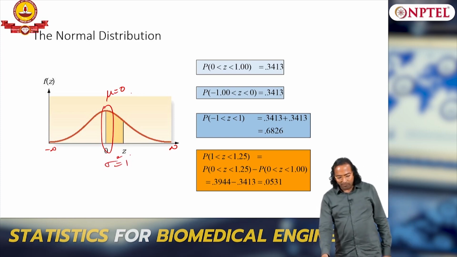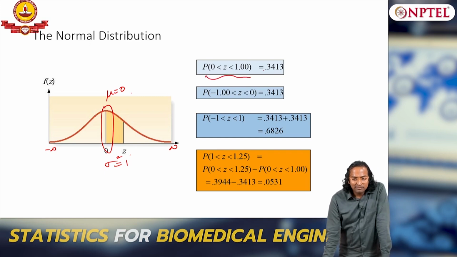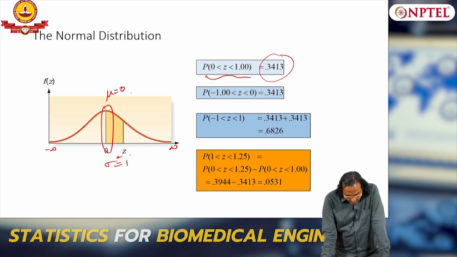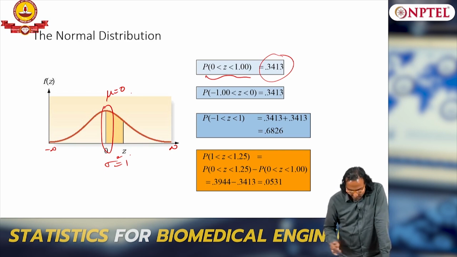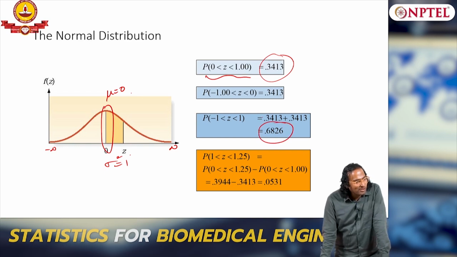What is the probability of x lying within 1 sigma? 34%, 34.13. What is the probability of x lying within 2 sigma? Add this, 68.26. Now you can think of 3 sigma: add one more to it here, that is all.